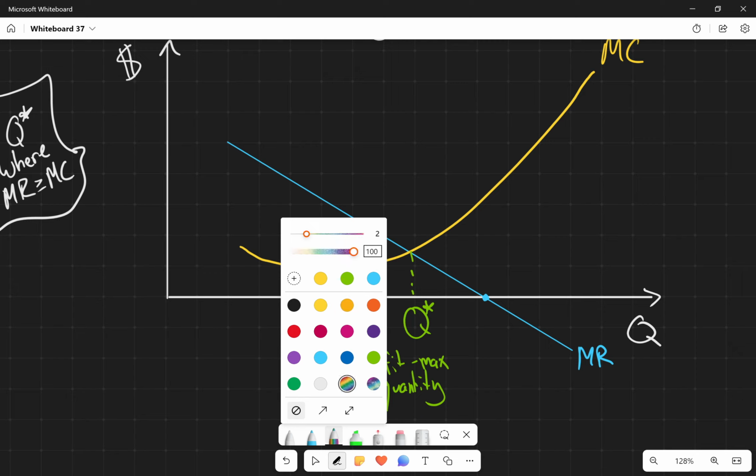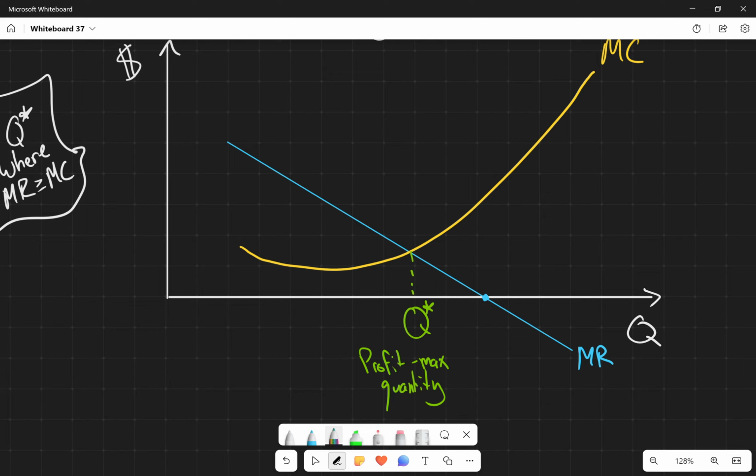My total revenue has a concave shape, so it's going to have an increasing slope, an increasing slope, an increasing slope, and then right where it goes past zero, the slope is going to stop being increasing, and then it's going to be negative.